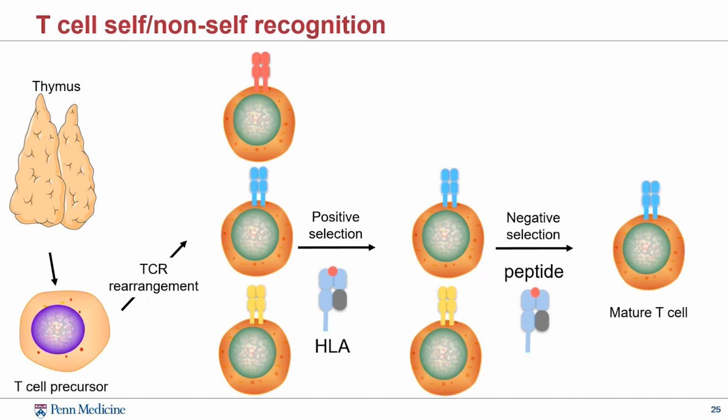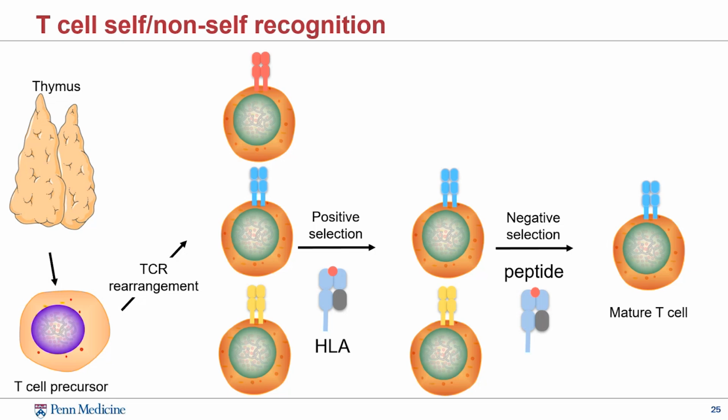And the only thing that's left now are these two T cell receptors that can interact with an HLA molecule. The next thing that happens is what's known as negative selection, where now it starts looking more at the peptide that's in there. And if any of these T cell receptors react too strongly with this HLA molecule and that peptide, they will be negatively selected.